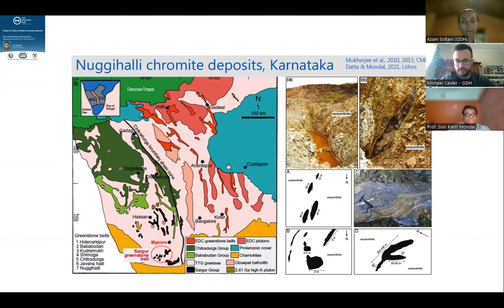So this is the geological map of the Singhbhum Craton. We have the Western Craton, and another part is the Eastern Craton.